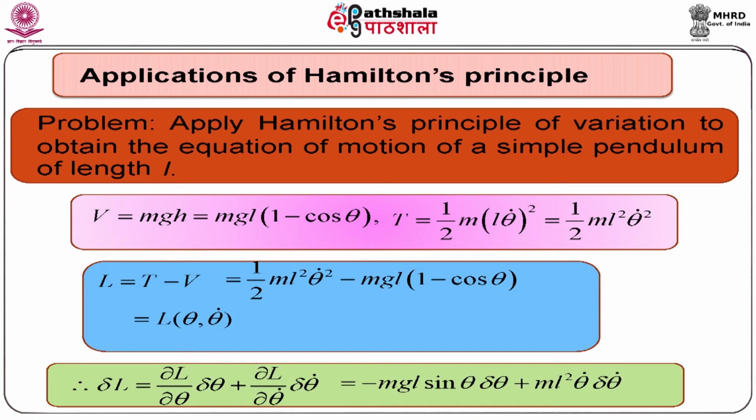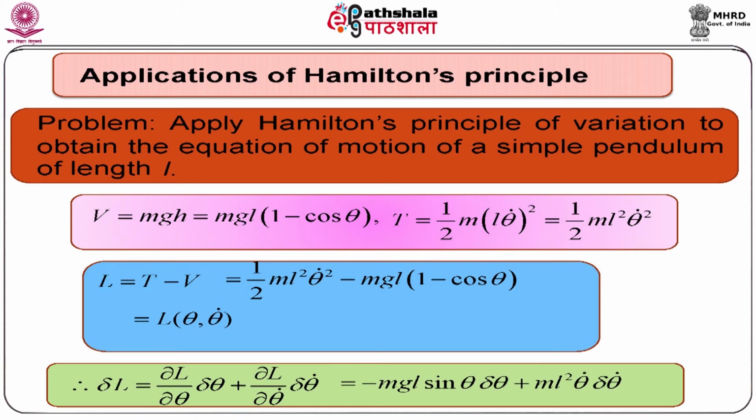Applications of Hamilton's principle. Problem 1: obtain the equation of motion of a simple pendulum of length L. Let Lθ be the position of the bob considered at time t, and h be the height of the bob from the horizontal plane.